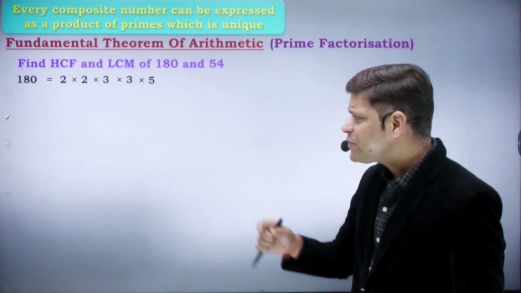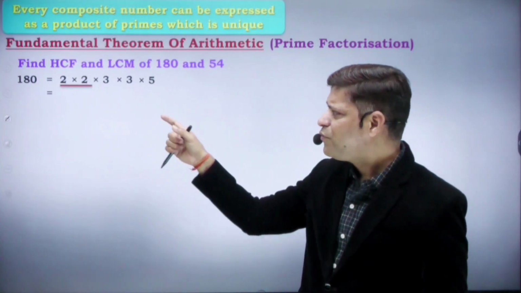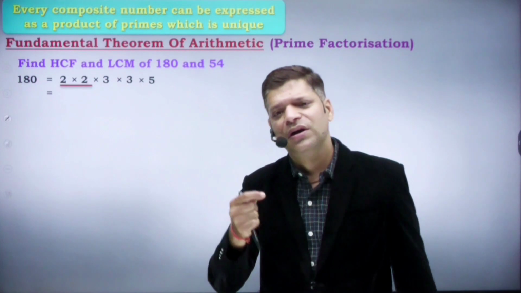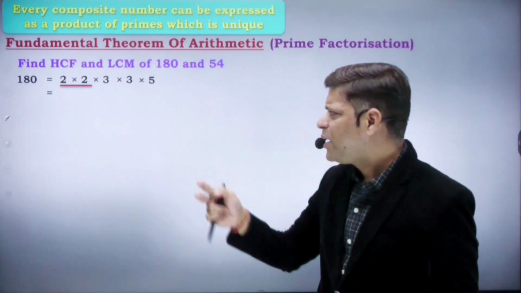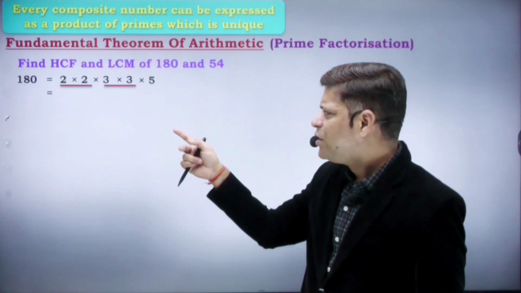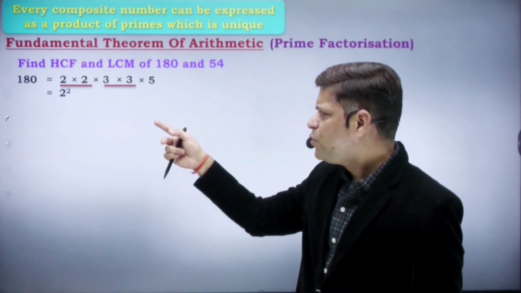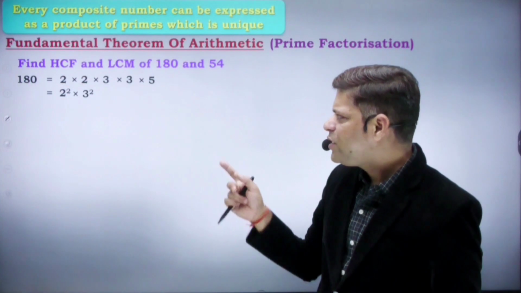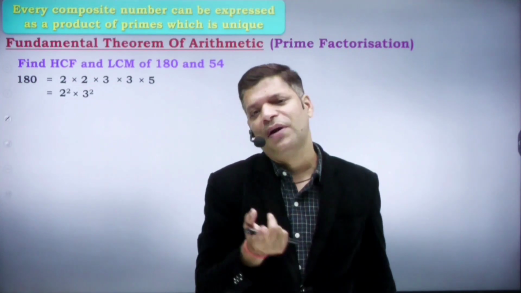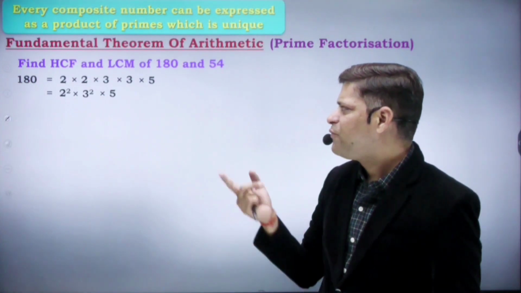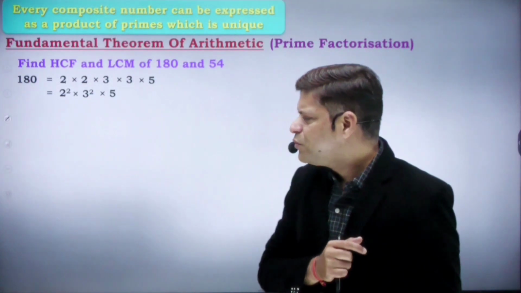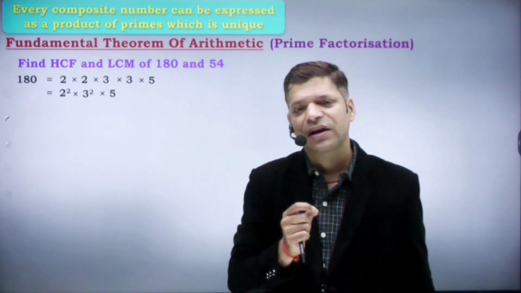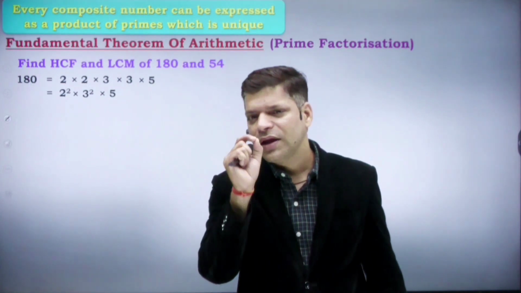So this is the prime factorization of 180. It can also be written using exponents: 2 squared, because 2 is multiplied 2 times, so 2 to the power 2, multiplied by 3 to the power 2, multiplied by 5 to the power 1, or simply 5.